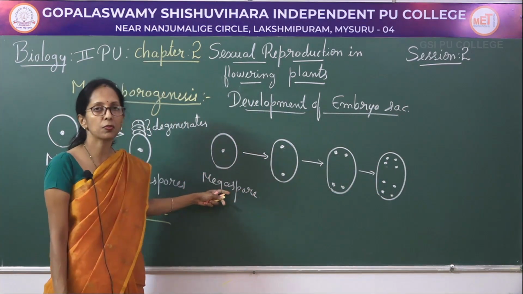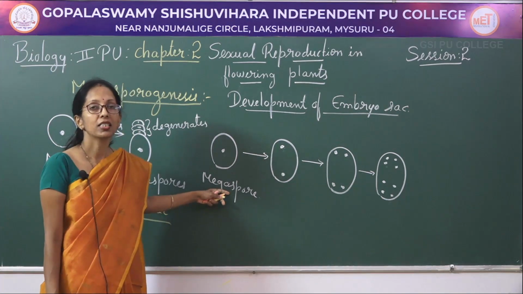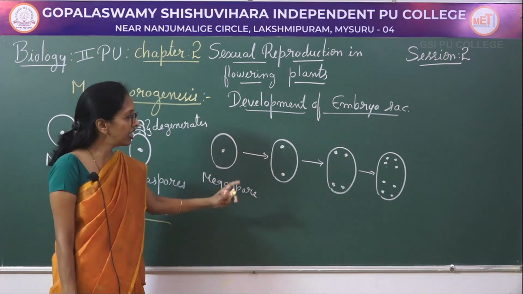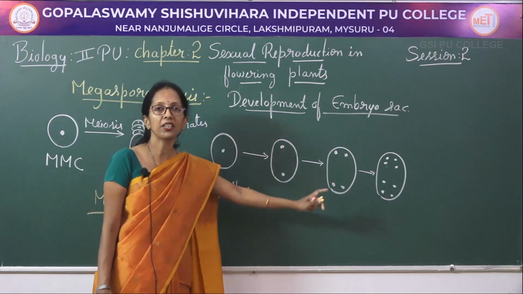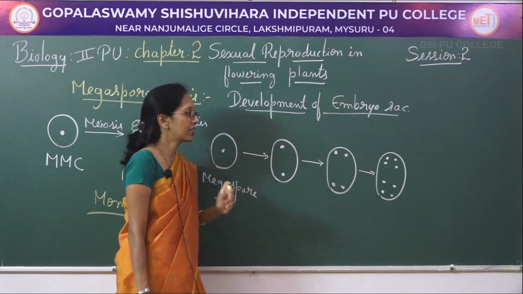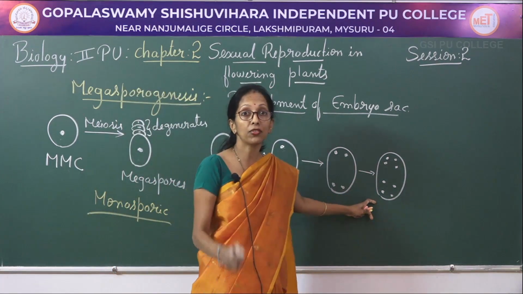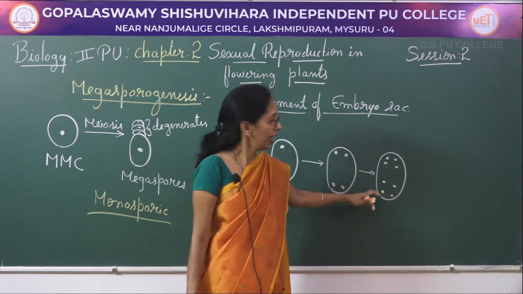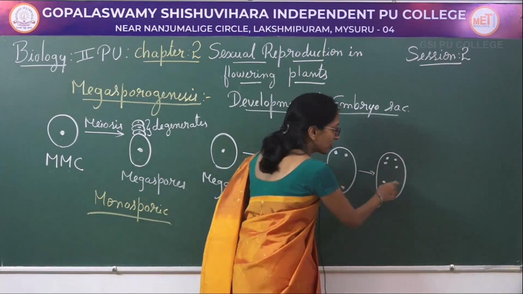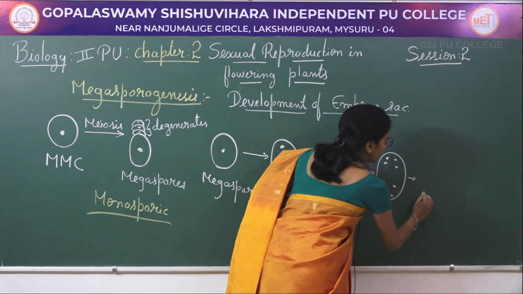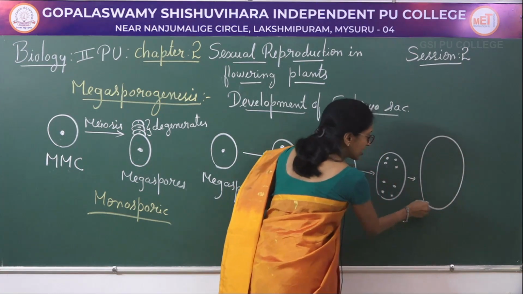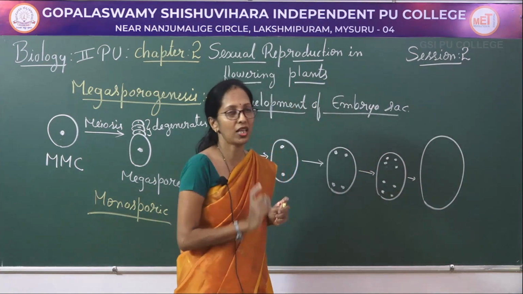So this megaspore that undergoes sequential free nuclear mitotic division results in the formation of 8 nuclei. Now what happens? These 8 nuclei finally organize into the embryo sac.